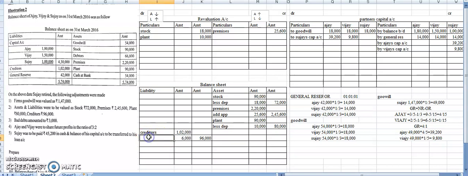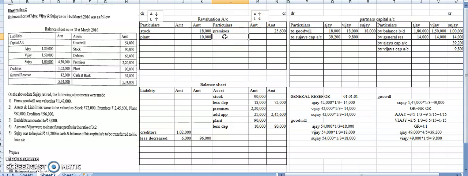So less decrease value. So for second effect of this, as you can see, it is the decrease in the value of liability. So decrease in the value of liability, I need to write it here.